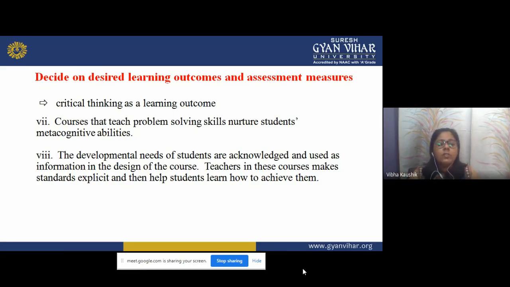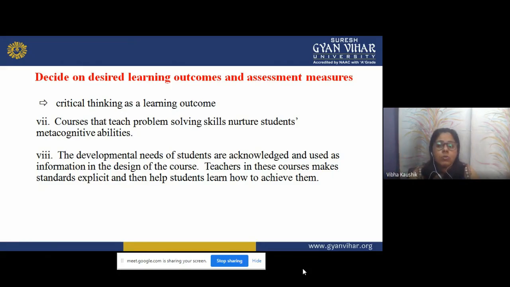The development needs of students are acknowledged, meaning how the students are developing should be known and used as information in the design of the courses. We have to design our courses in such a way, keeping in mind the developmental stages of the learner and the needs of the learner at that particular age.